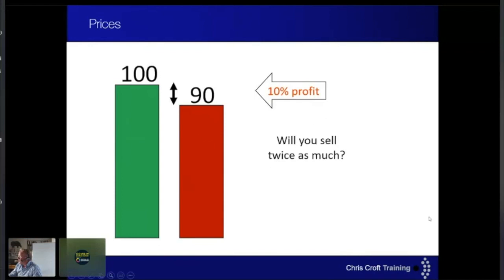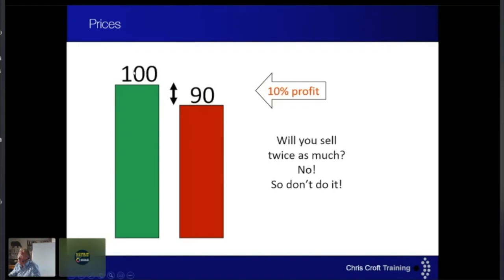And the question is, how much more will you sell? Will you sell twice as much? If you cut your price from 100 to 95, will you double your sales? And the answer is surely not. I'd be absolutely amazed if you doubled your sales by cutting your price by only £5 in this example. So therefore, you shouldn't do it because you're halving your profit, aren't you?